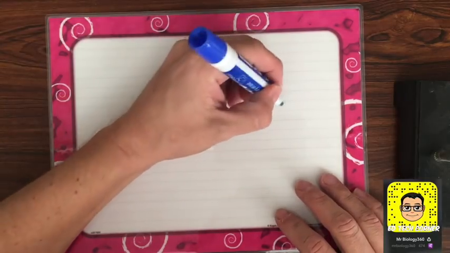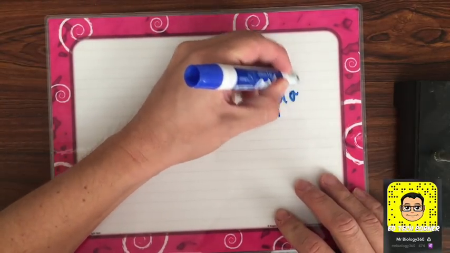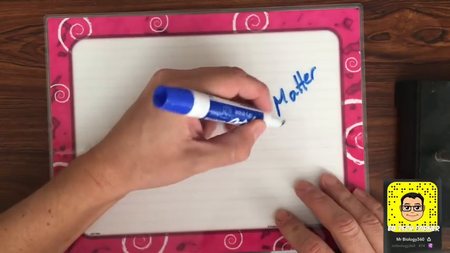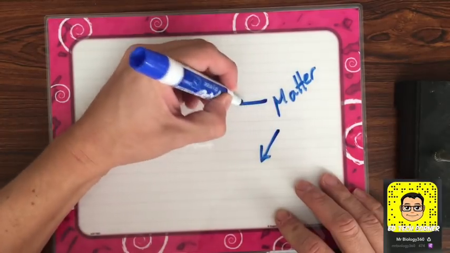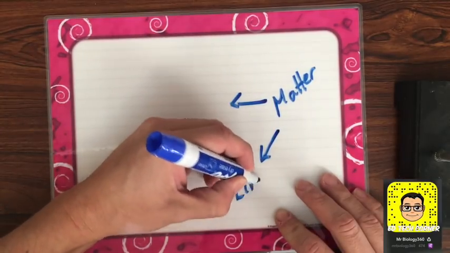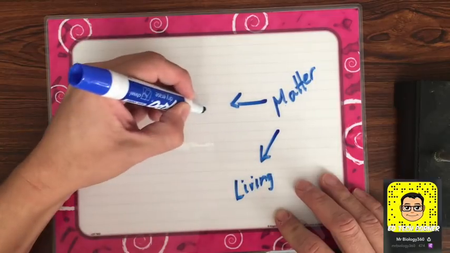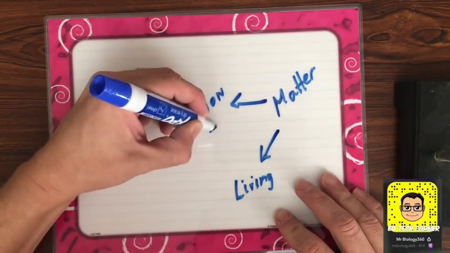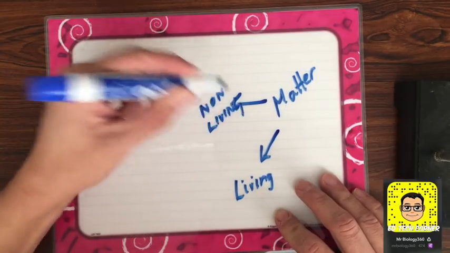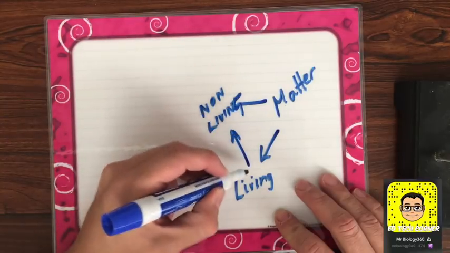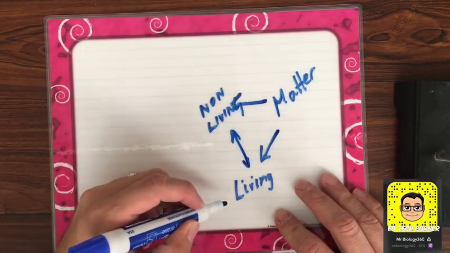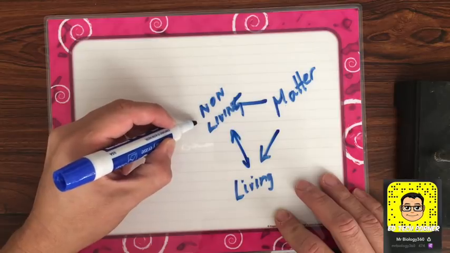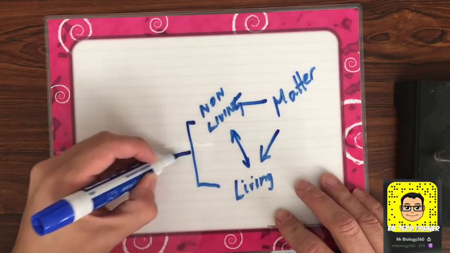So remember in class, we talked about matter, and matter can be in two forms. The two forms are living and non-living. Both are important because we need non-living matter to stay alive and so forth. But both of these, what are they made out of?